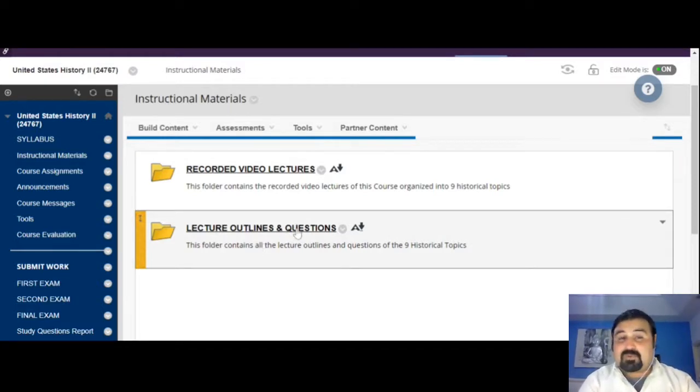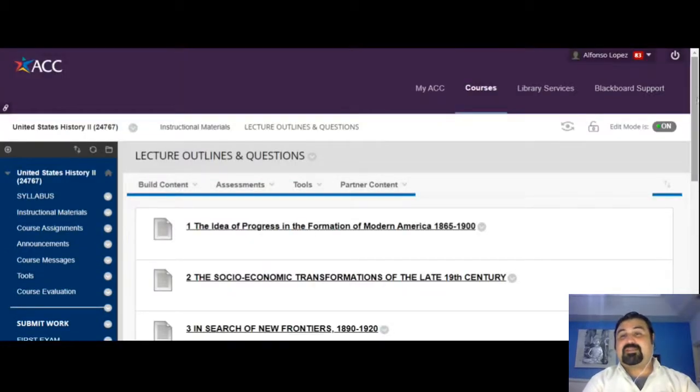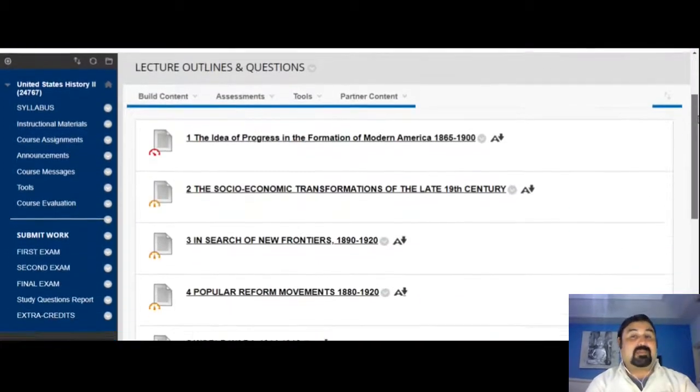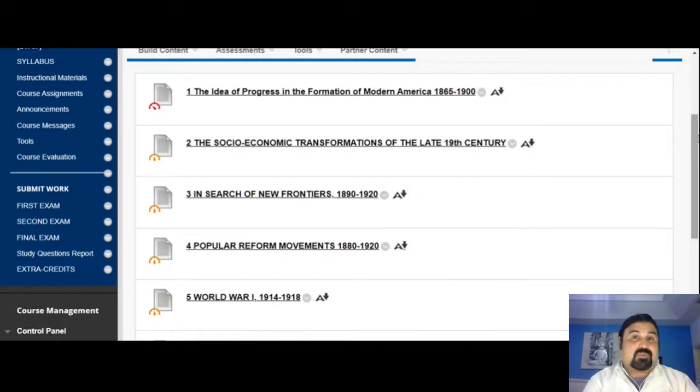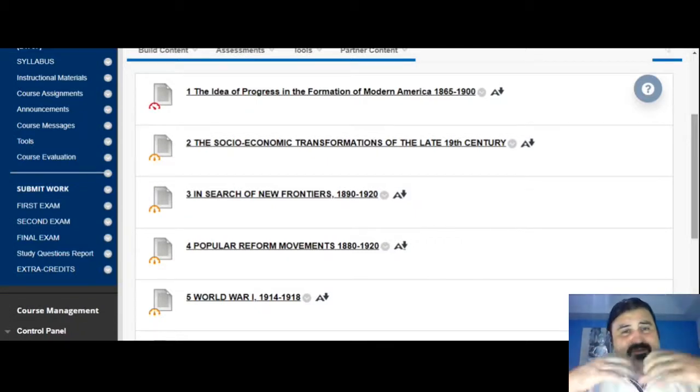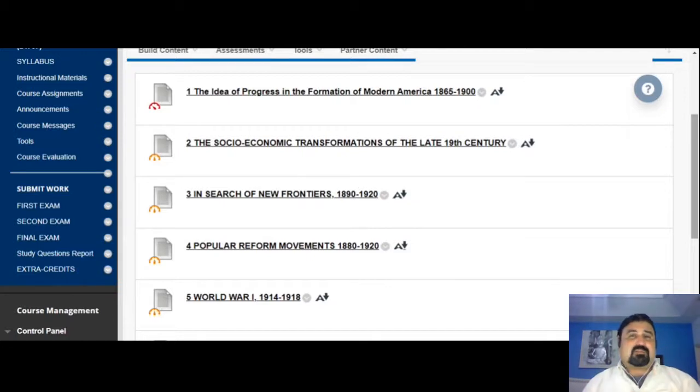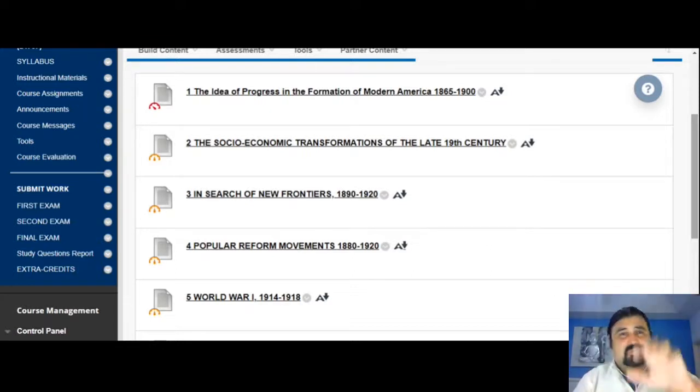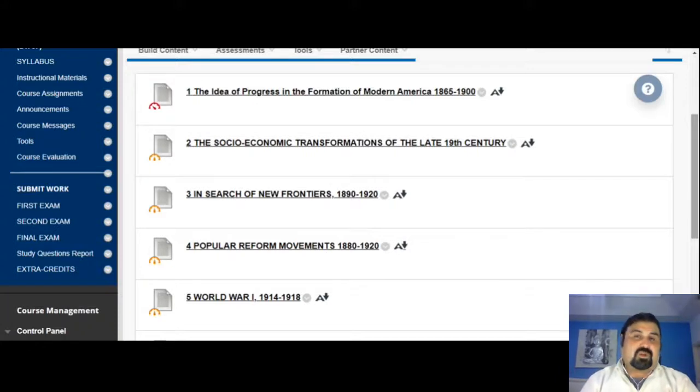What this folder presents to you is all of the outlines I present in each one of those topics. So as I'm elaborating on those topics in those lectures, for example, the idea of progress, you're going to find in those particular files the specific bullet points, maps, key terms, etc., everything that I actually presented on the screen. You're going to find it there.